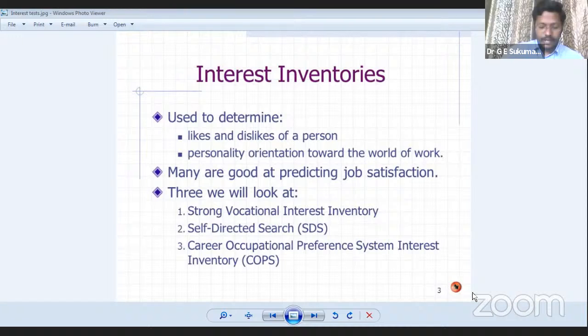To check how interested the person is, these interest schedules can be administered to know how satisfied a person is going to be in the job he is about to take up.